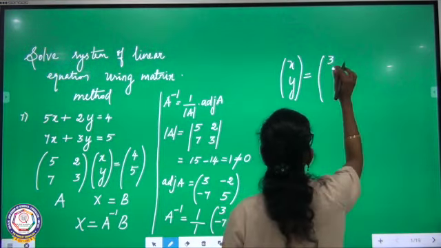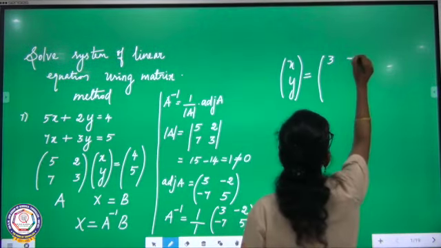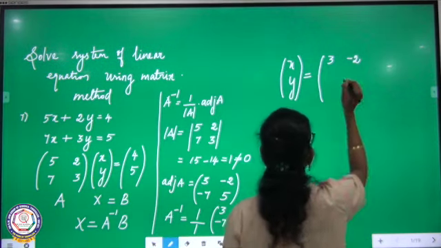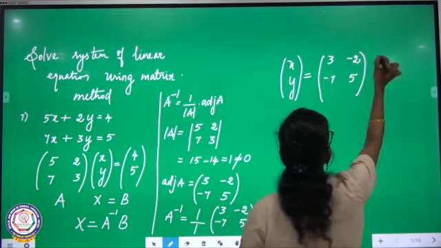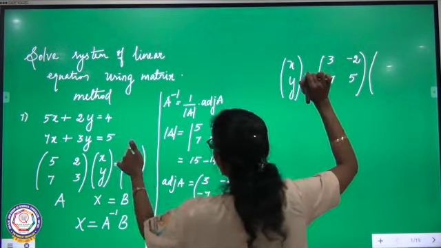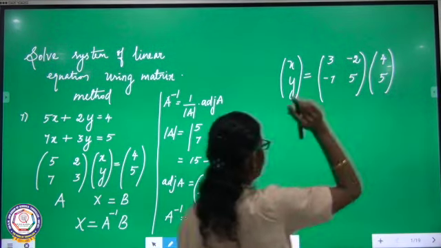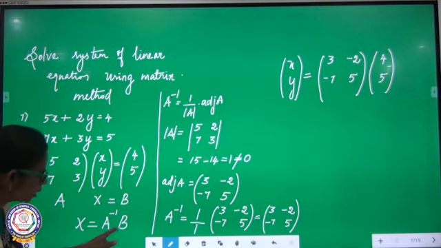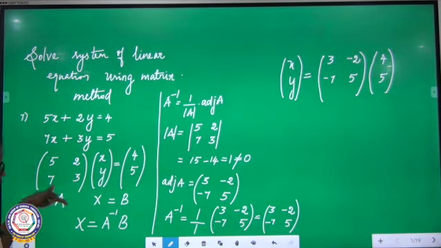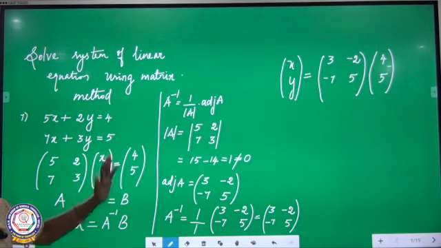A inverse is 3, minus 2, minus 7, 5 into, what is your constant you had? 4, 5. Right? X is equal to A inverse B. A inverse and B you are having as matrices, so X also I represented as a matrix. The X what we consider? The column matrix X, Y, that's it, right?